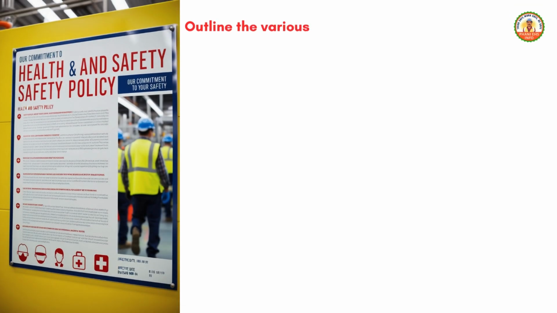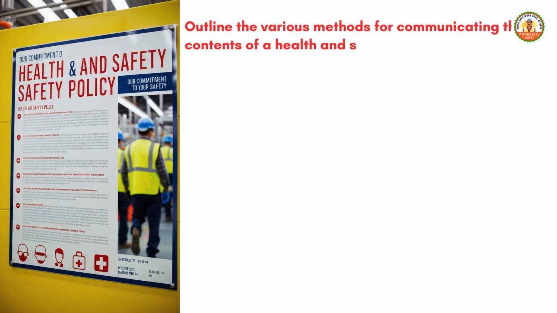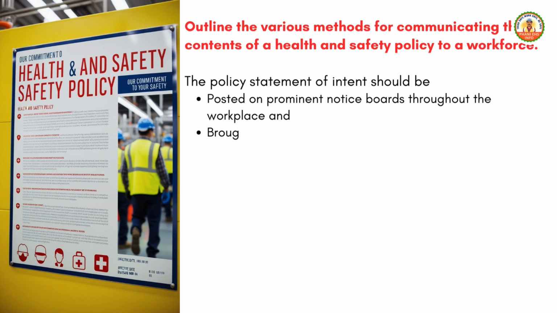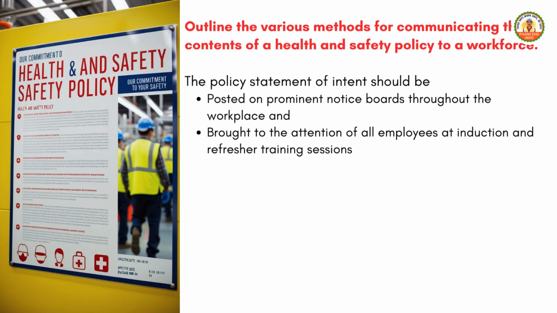Outline the various methods for communicating the contents of a health and safety policy to a workforce. The policy statement of intent should be posted on prominent notice boards throughout the workplace and brought to the attention of all employees at induction and refresher training sessions.